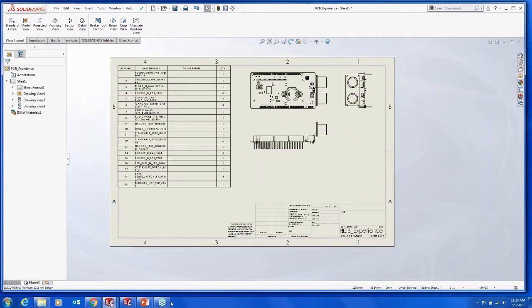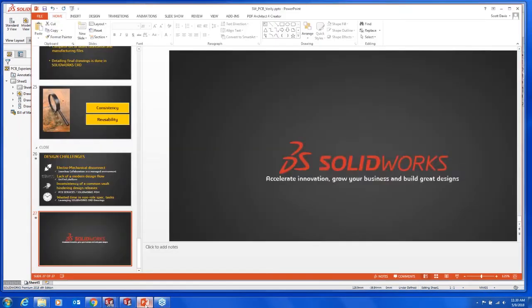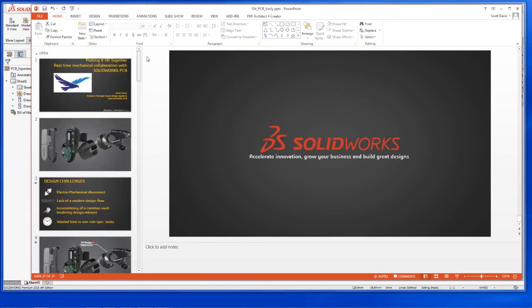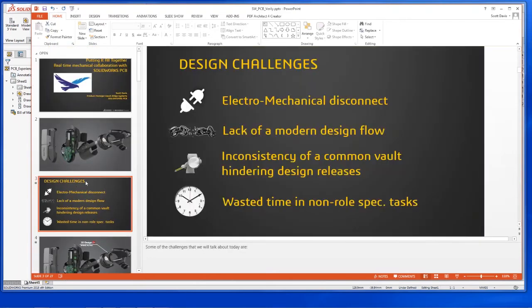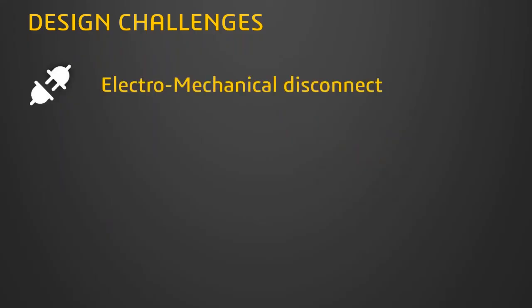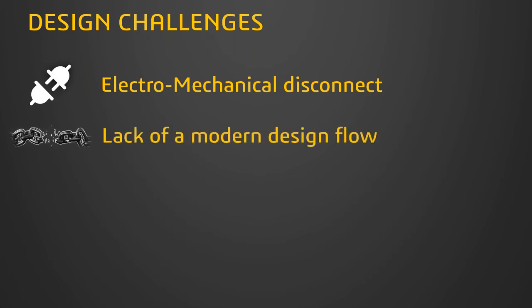So today we have demonstrated the solution items in our original design challenges, right? What did we have and what did we talk about in our original design challenges? No more disconnect. No lack of a modern design flow.